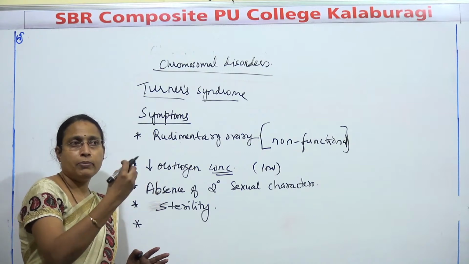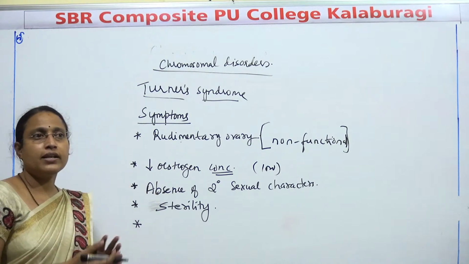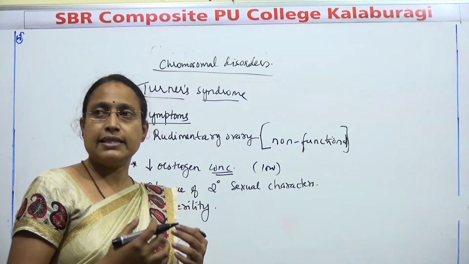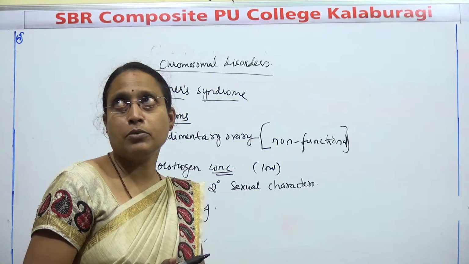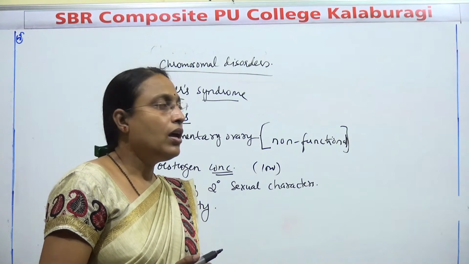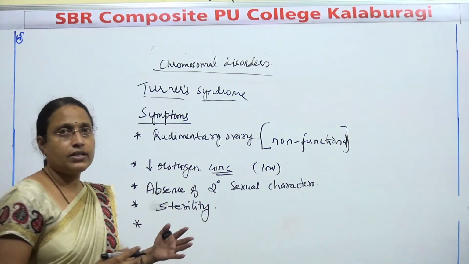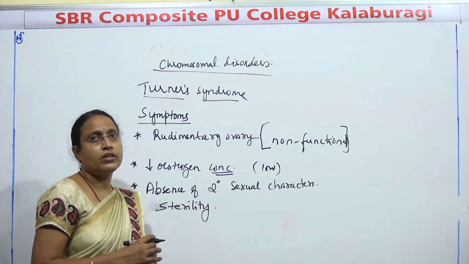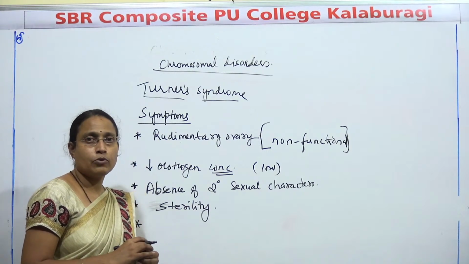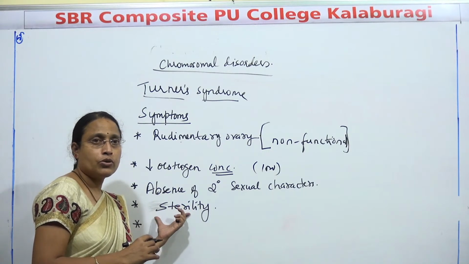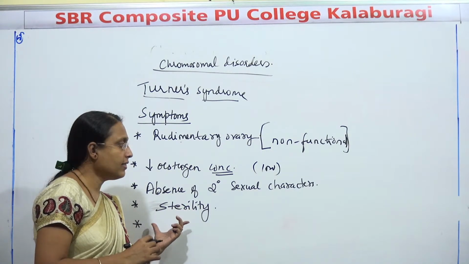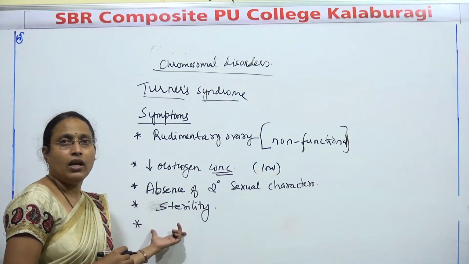Then the pituitary is normal. Mental retardedness is there only very slightly. So a low level of intelligence is there, but serious mental retardation is not there. So intelligence is affected, of course. In the majority of chromosomal disorders, intelligence is supposed to be affected. So there is sterility, inability to produce offspring, and intelligence can be low.